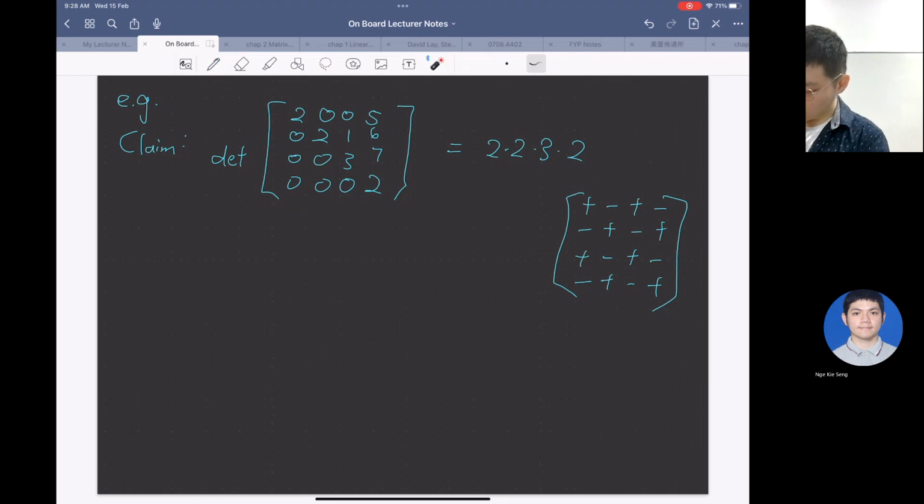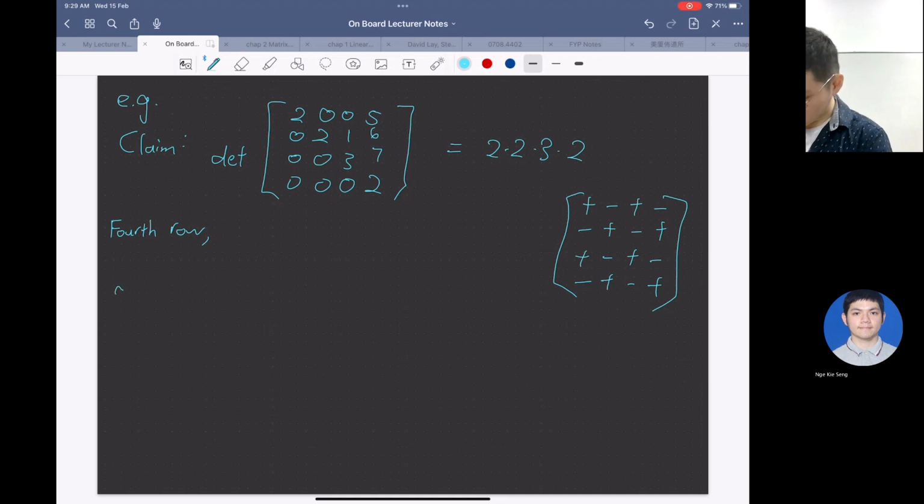So Seng suggests that we start from the fourth row. Let's start from the fourth row and see why it is good. Fourth row, what do you have?